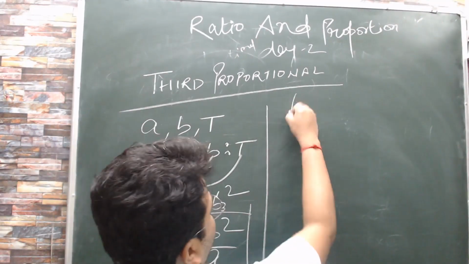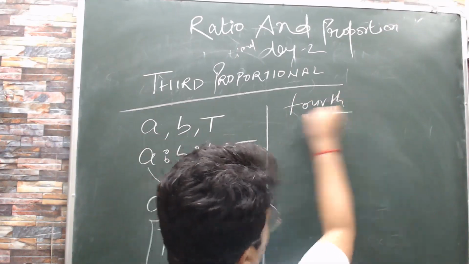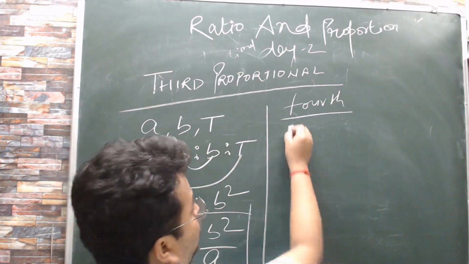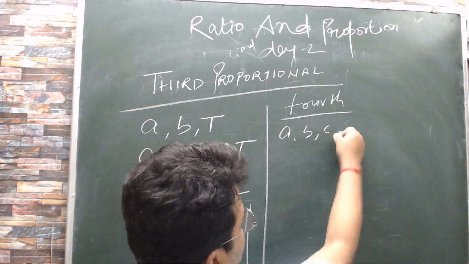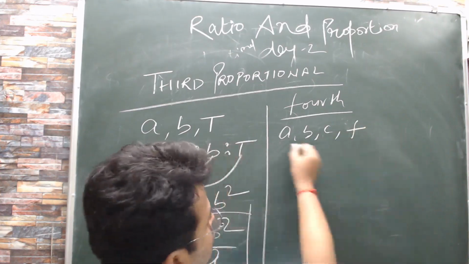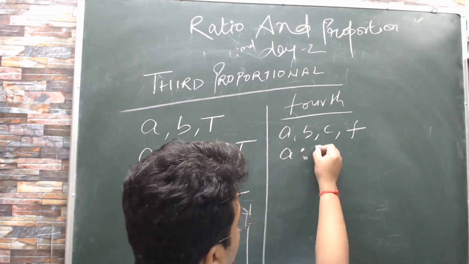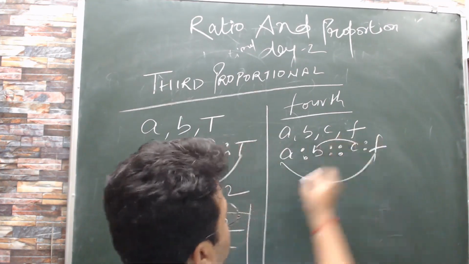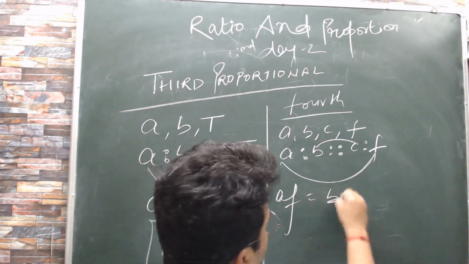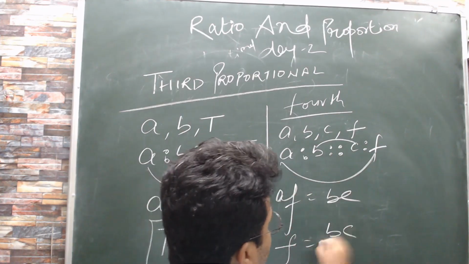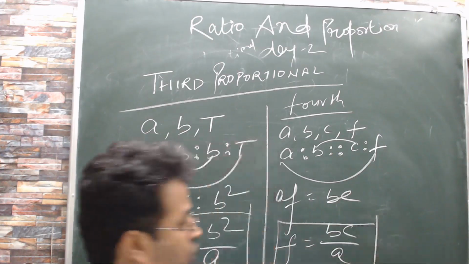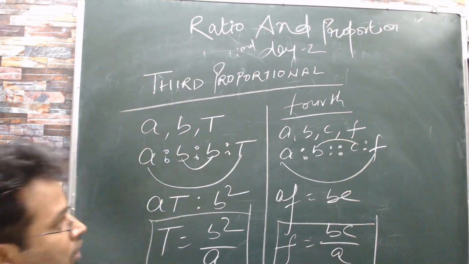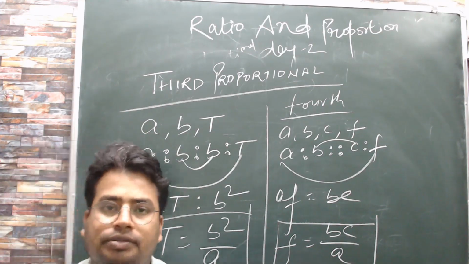Okay. How will you find the fourth proportional? To find the fourth proportional, you must be given at least three numbers. So A, B, C, three numbers are given. The fourth proportional will come here. F. How can you write it in proportion? A ratio B proportion C ratio F. So multiply this one and this one. So AF is equal to BC. So what is the value of F? BC upon A. This is your fourth proportional, not proportion, proportional. So copy it, right?